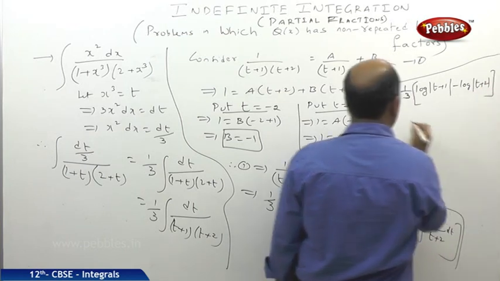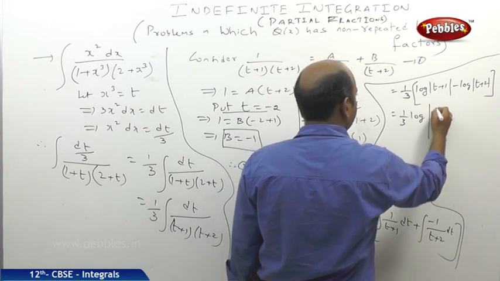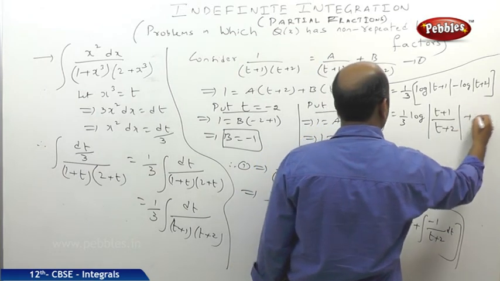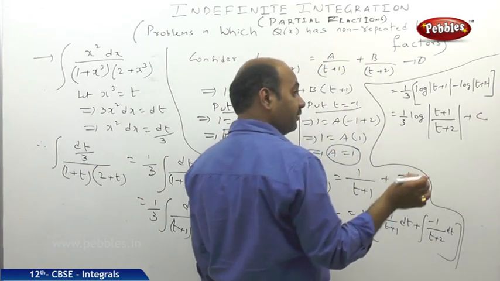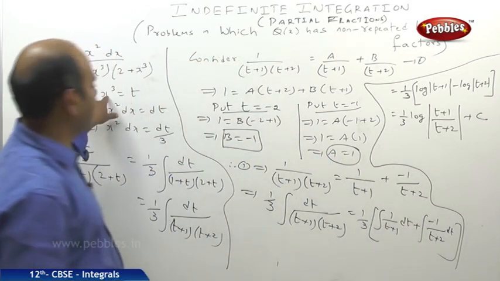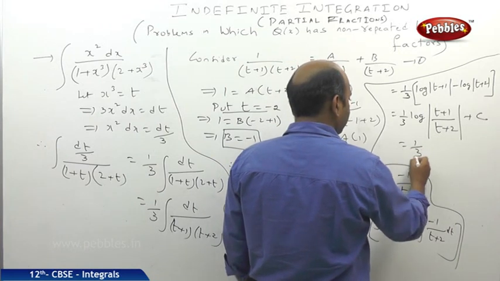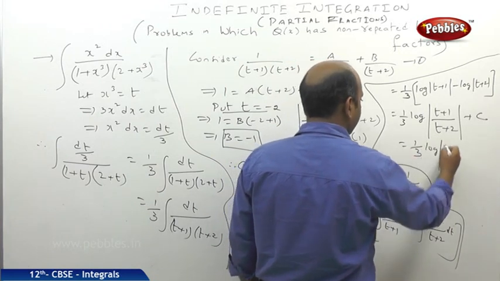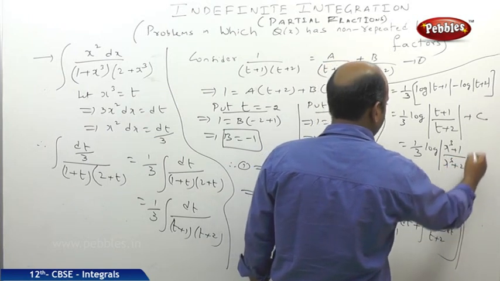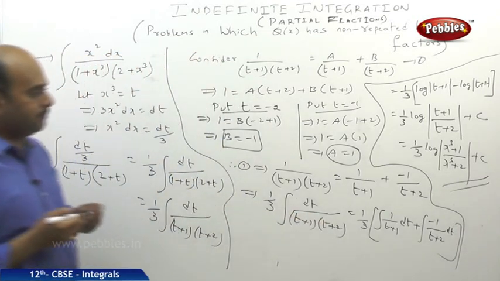So here 1 by 3 can be written as log mod (t plus 1) by (t plus 2) plus c, because it's always an indefinite integral, we should write c. But t is nothing but what? We assumed t as x cube. So finally our answer will become 1 by 3 log mod (x cube plus 1) by (x cube plus 2) plus c. So it's an important problem.